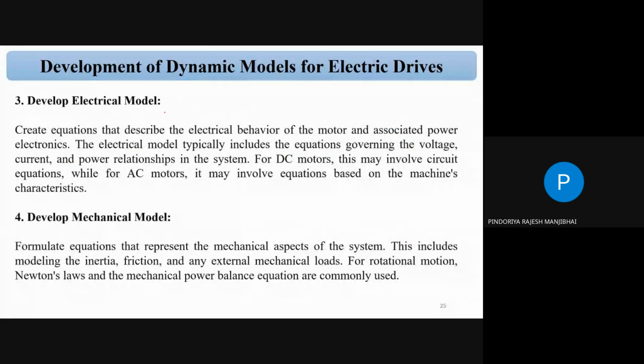Development of the electrical model: a typical model includes the equations governing voltage, current, power, okay. So we have to develop the mathematical model. Same for the mechanical model, okay. This includes modeling inertia, friction, any external mechanical load. Whatever mechanical parameters are there, we have to develop the mechanical model.